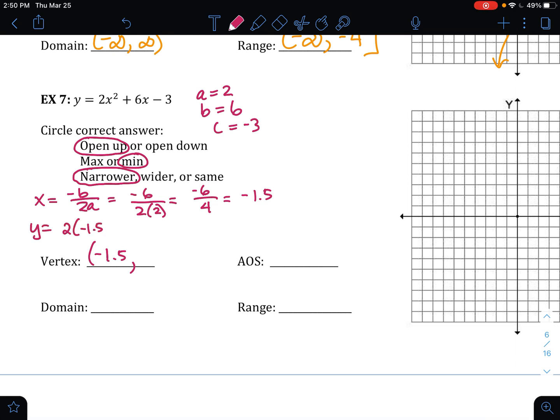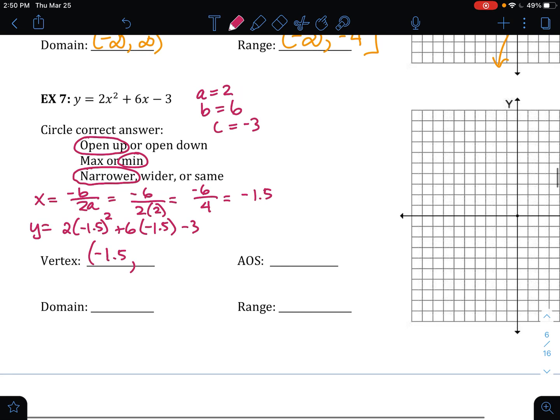So 2 times -1.5 squared plus 6 times -1.5 minus 3. When you calculate through that, you should get -7.5. Axis of symmetry is x equals -1.5.